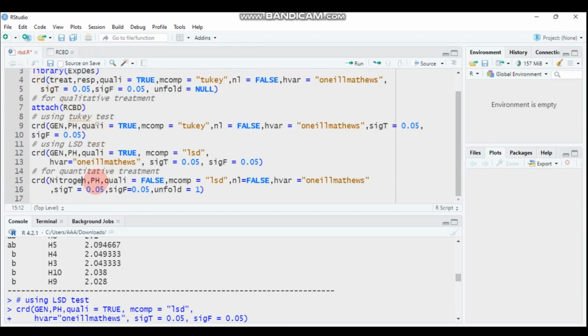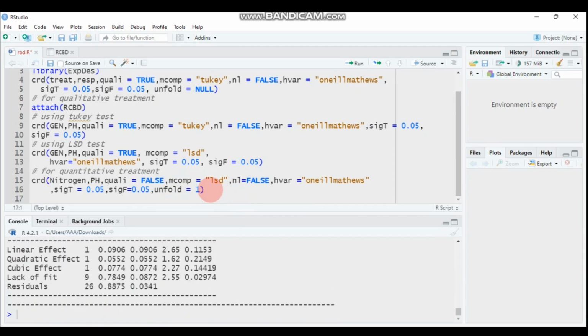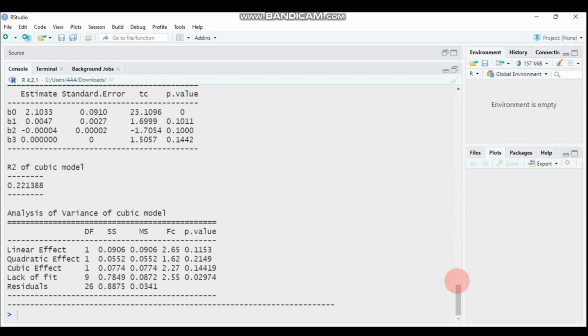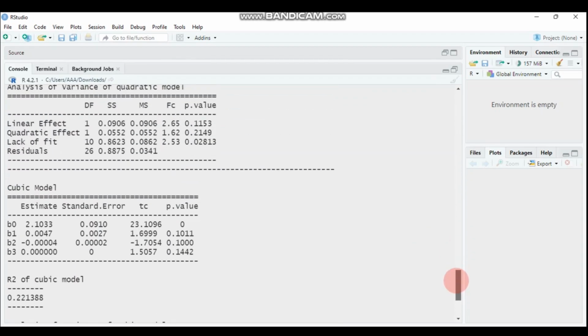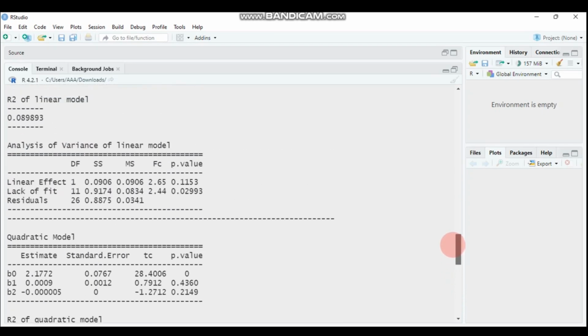And here the response variable is pH, and qualitative is equal to false. So we are telling R that our treatment is not qualitative, and instead it is quantitative. All things are similar, so type this and send it to RStudio. As you can see, you can't get any multiple comparison among the treatments.